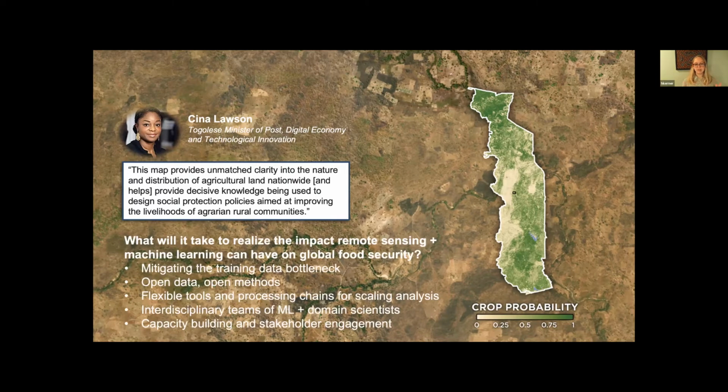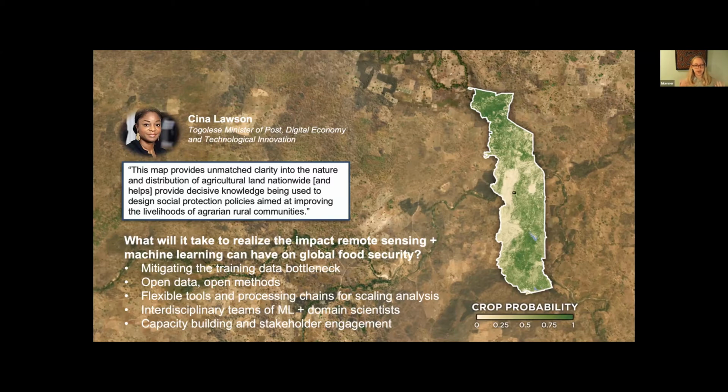And so to think about in the rest of this meeting or in our discussion, what is it going to take to realize the impact that remote sensing and machine learning can have, like in this project in Togo, but in so many other places on global food security, but generally for social good?